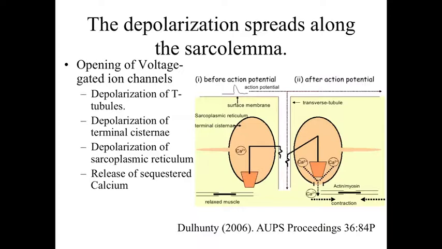What that means then is, in essence, we're going to trigger release of calcium. So the depolarization of the muscle membrane spreads down into the T-tubules, causes a depolarization of the sarcoplasmic reticulum, and we're going to release that sequestered calcium.